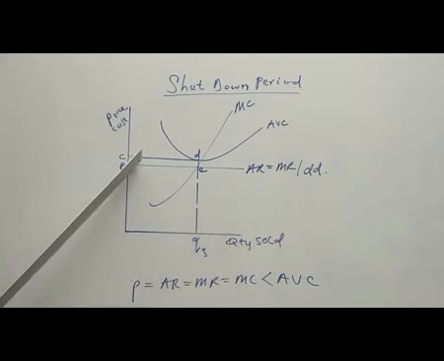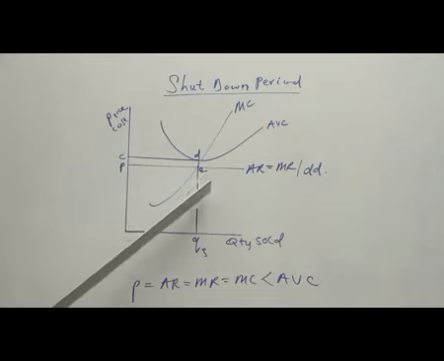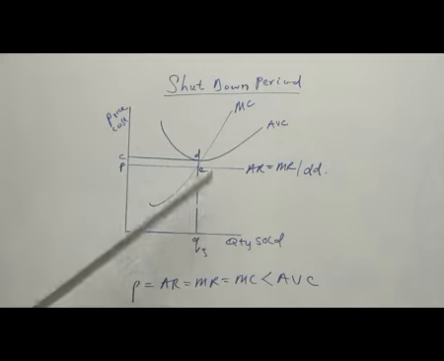So if average variable cost is above the price of the commodity, it implies that the firm is at a loss. Not just at a loss, but at a point where the firm will be advised to leave the industry because of its inability to cover its average variable cost.